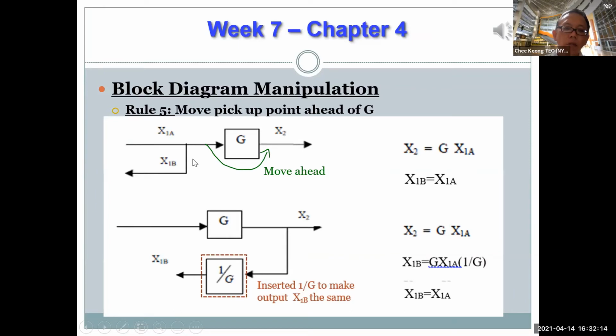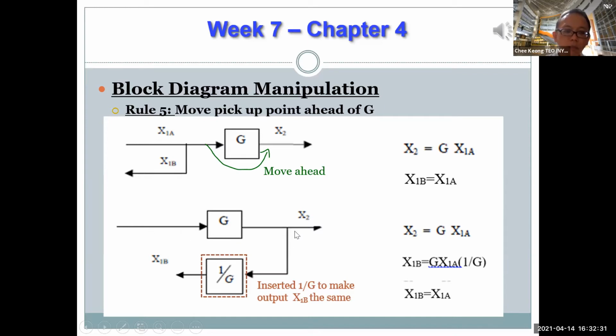Now, of course, we always like to observe the output. So the output X2 will be equal to X1a times G. Now, how about X1b? X1b is actually X1a, so there's no change. Now, if you move this ahead here, then what happens?